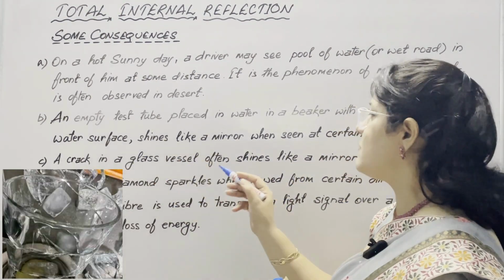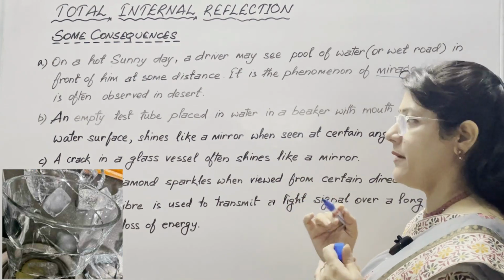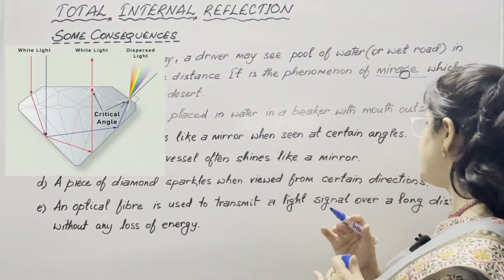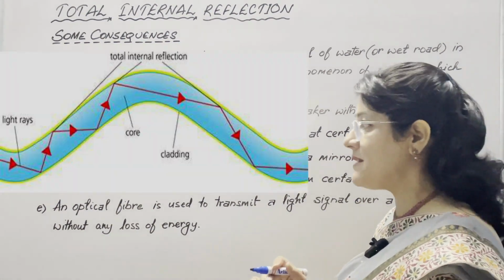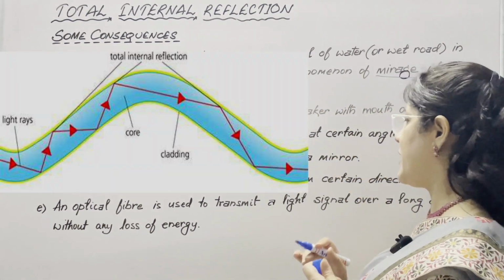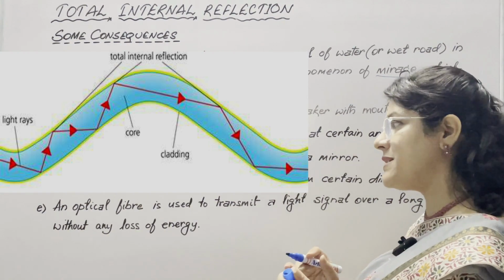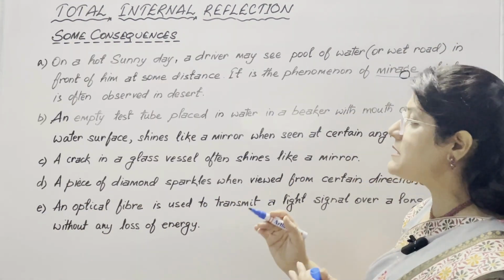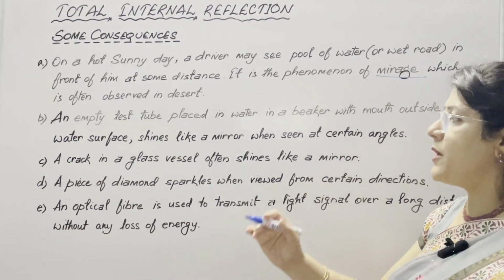A crack in a glass vessel often shines like a mirror. Fourth is, a piece of diamond sparkles when viewed from certain directions. Last is, an optical fiber is used to transmit a light signal over a long distance without any loss of energy. Any of these reasons can be asked in your examination.